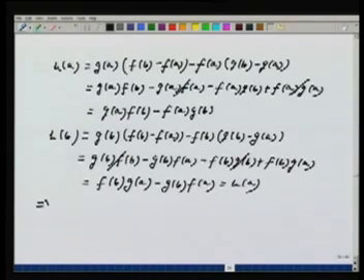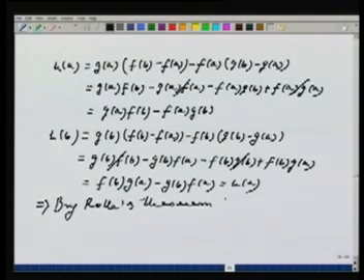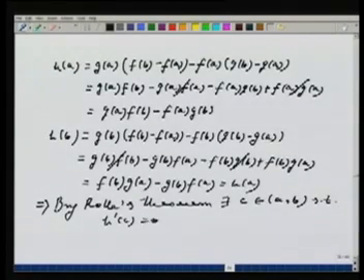This implies by Rolle's theorem there exists c in the open interval (a, b) such that h'(c) equals 0. But from the definition of h, again I can calculate the derivative.